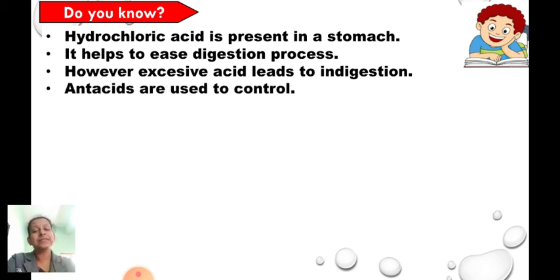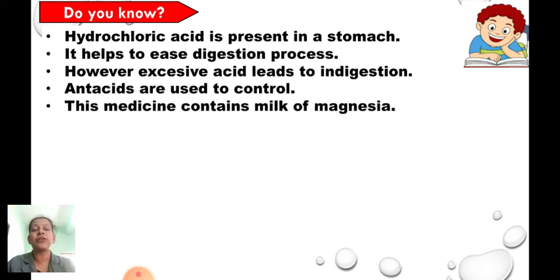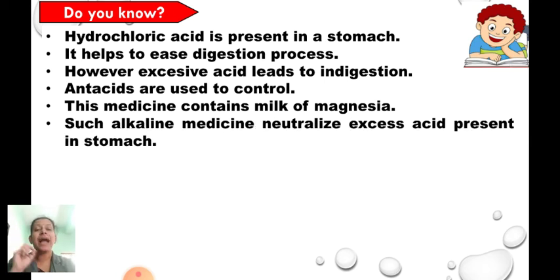To neutralize the effect of an acid, a base is used. Over here we call them antacid tablets. Antacid tablets mostly consist of milk of magnesia, and as I have already told you, milk of magnesia is nothing but magnesium hydroxide.